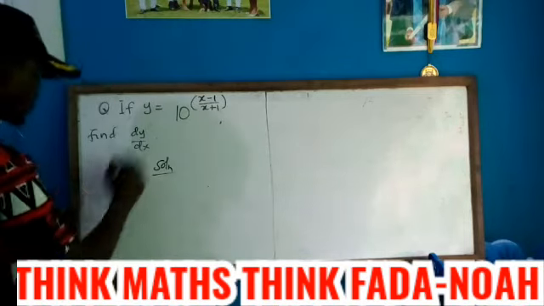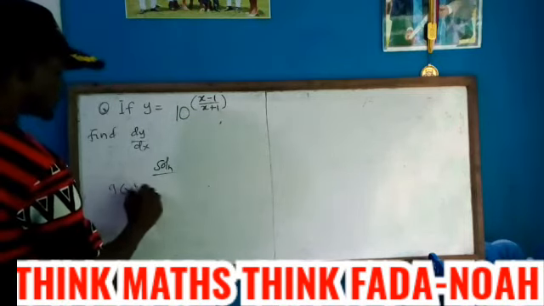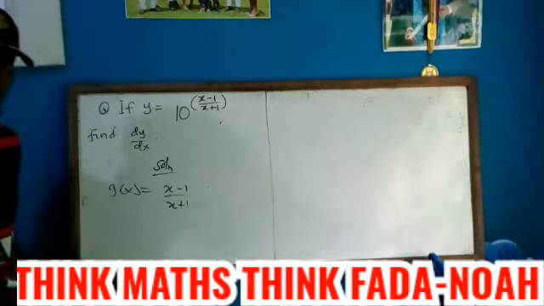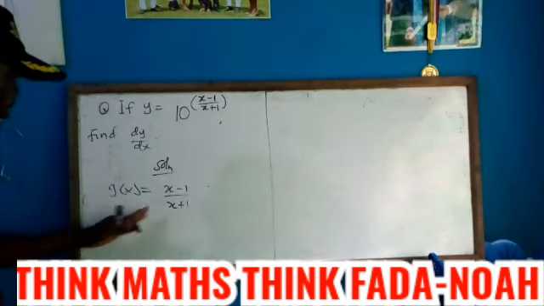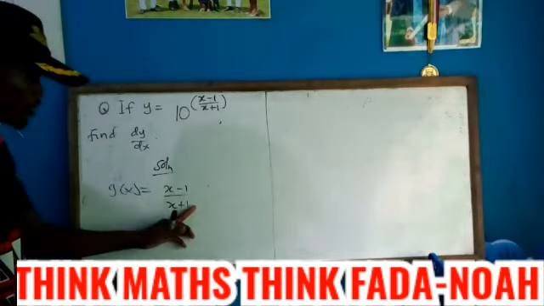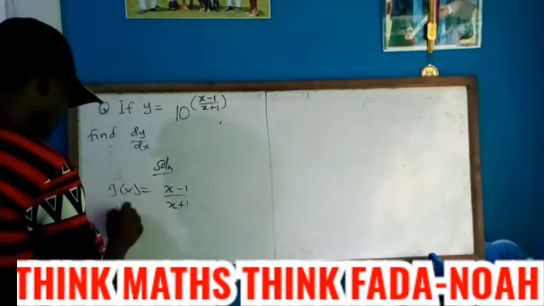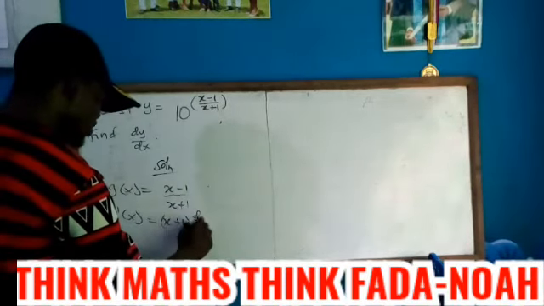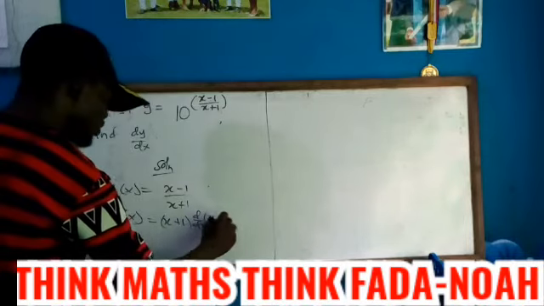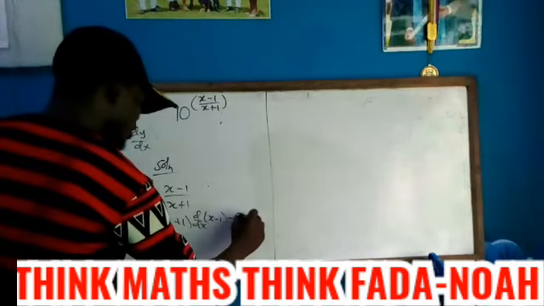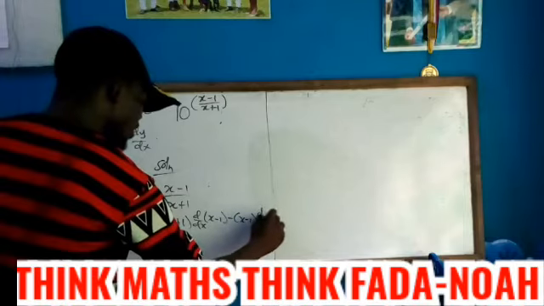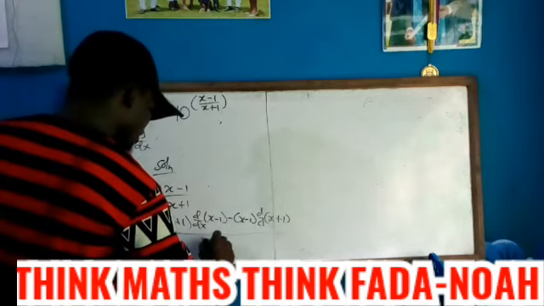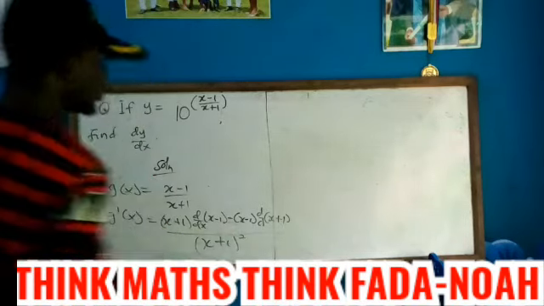So here we write our g of x to be equal to (x minus 1) over (x plus 1). Alright, so we have to find our g prime of x. Looking at this one, you have to use the quotient rule over here. So we have g prime of x equal to (x plus 1) d/dx of (x minus 1) minus (x minus 1) d/dx of (x plus 1), all over the denominator squared, which is (x plus 1) all squared.